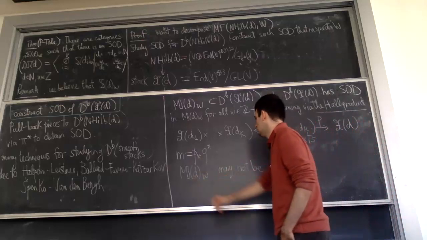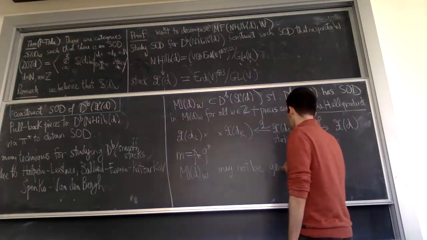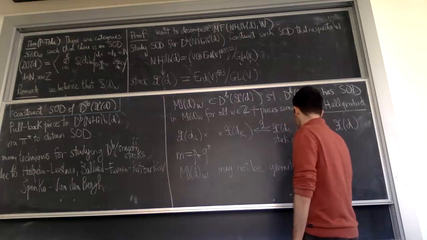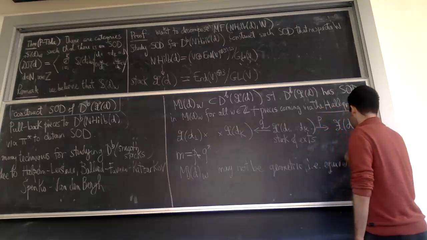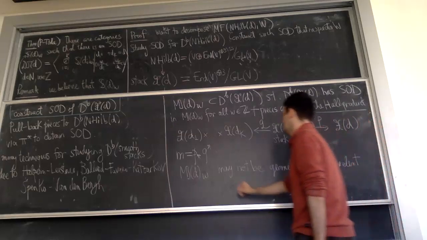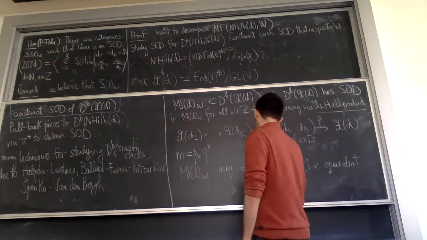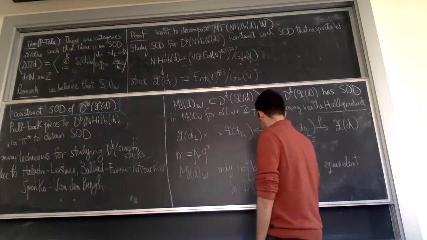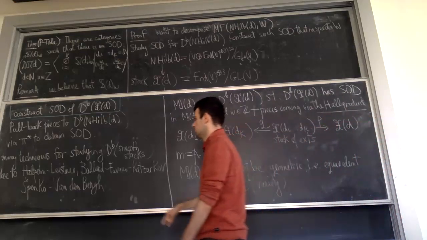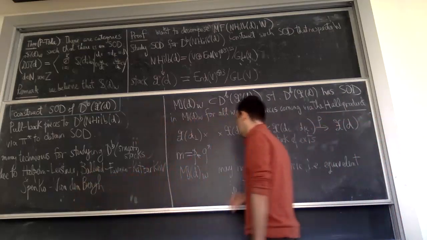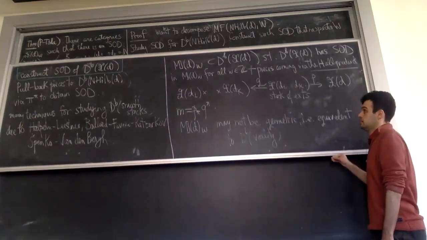So this may not be geometric, i.e. equivalent to dB of a variety, which was happening in this window category case, when one would have obtained that they are equivalent to dB of a semi-stable stack.